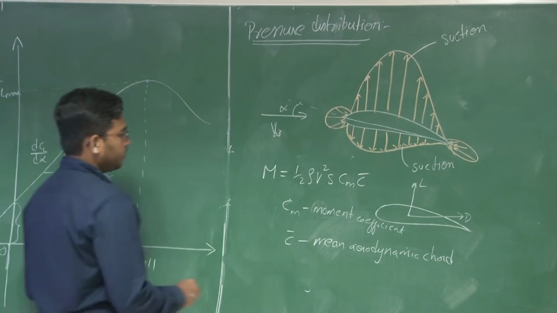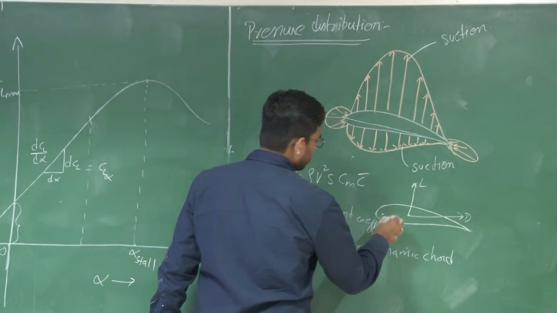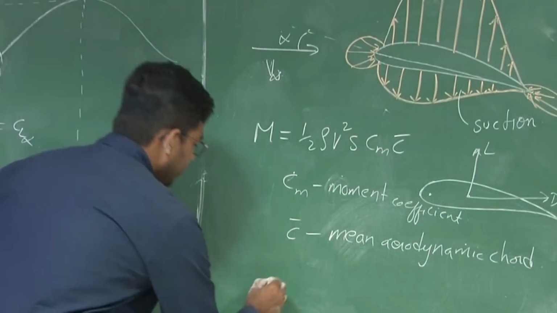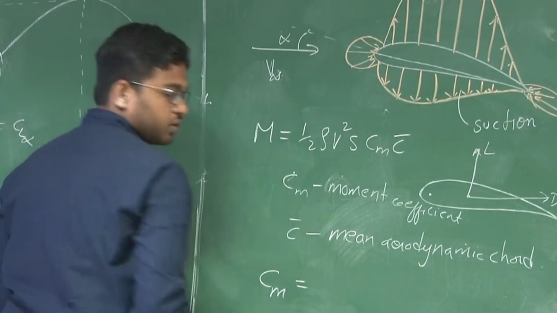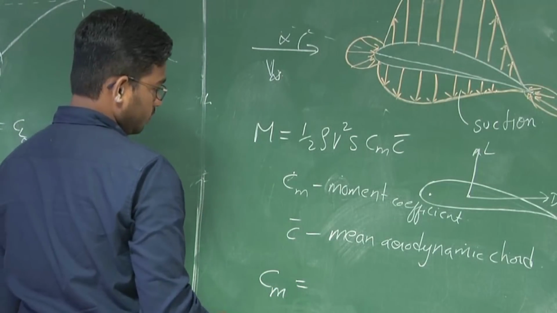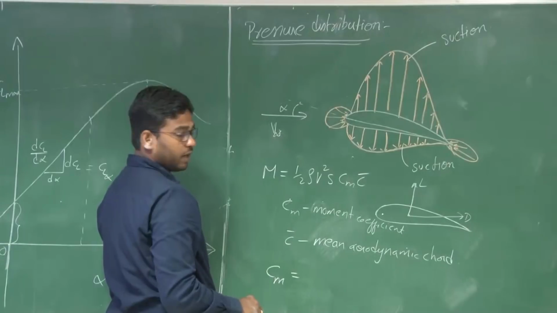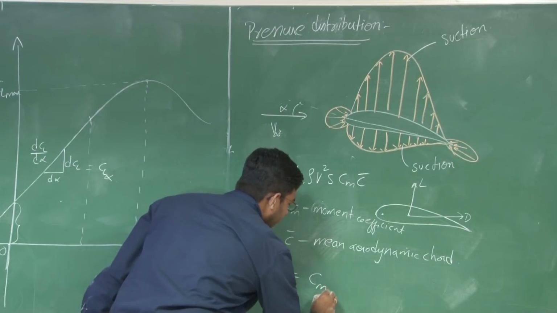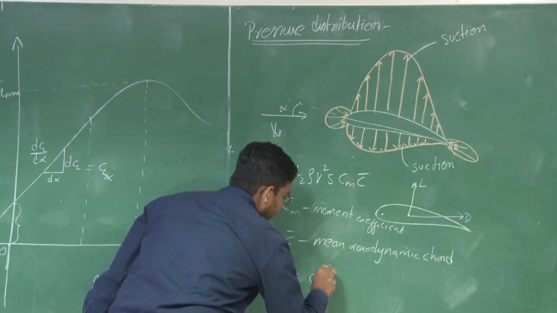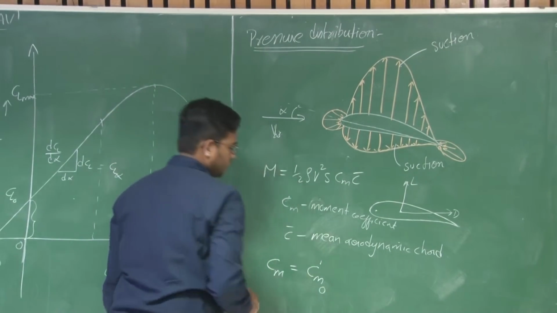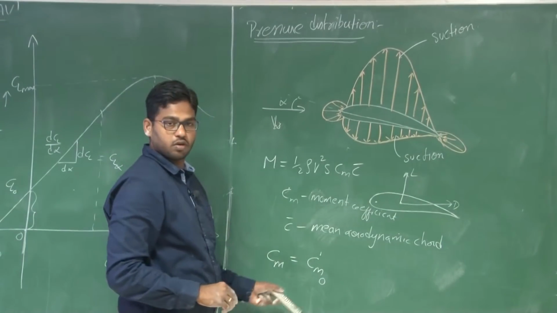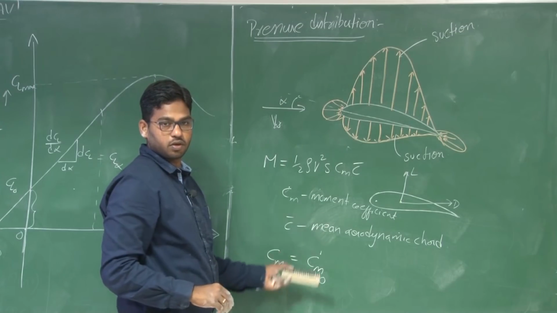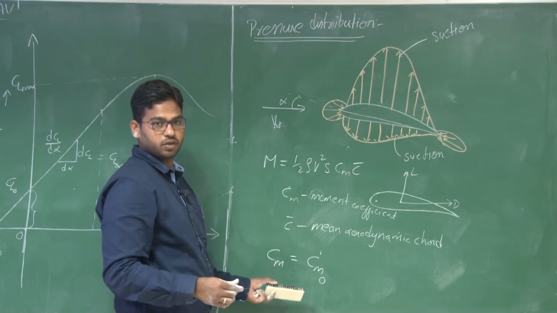Now in this case, if I have to write moment about a point, and there is a force, right? So let Cm be the pitching moment coefficient about a point, any point say. So moment at Cm prime 0, which represents moment at 0 lift, right? It's a pure moment that is acting when there is no lift, right?